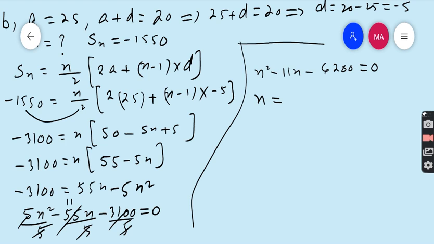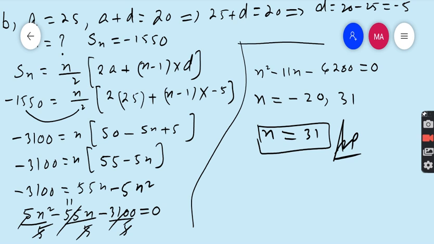So we will have two values of n: one is minus 20 and the other is 31. But we have to take 31 because n can never be negative. Number of terms is always positive. So our final answer is n is 31.